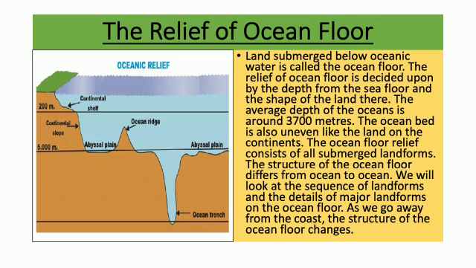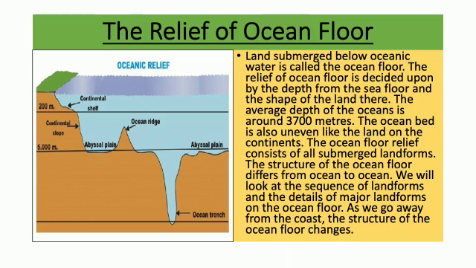So children, you can see the diagram of ocean relief on your screen. You can see the different types of landforms. The names of the different types of submerged landforms are given in the diagram: the continental shelf, the continental slope, abyssal plain, ocean ridges, ocean trenches.